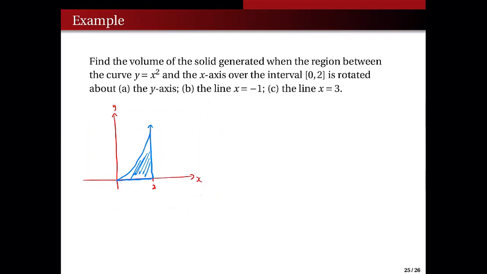So first, for letter A, we want the axis of revolution to be the y-axis. So your approximating rectangles must be horizontal. This is one approximating rectangle.